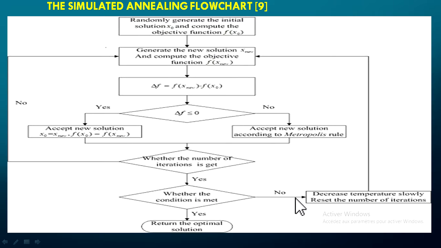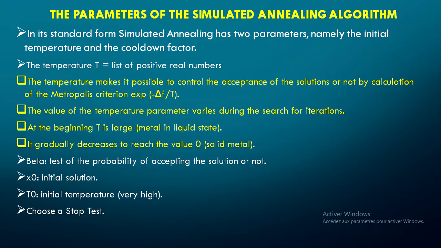If it's no, in this case, we slowly decrease the temperature, reset the number of iterations, and return. If it's yes, the test is valid, so the algorithm returns the optimal solution. Good. The students can take their time to see this flow chart and try to understand these steps of the algorithm.